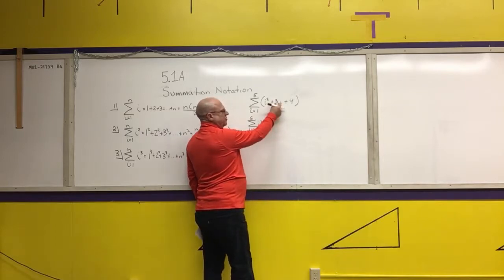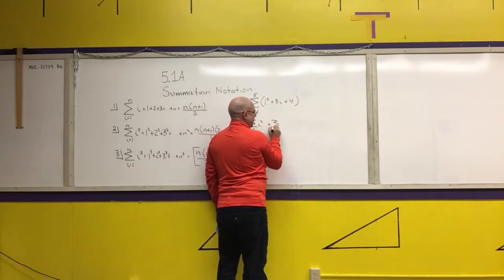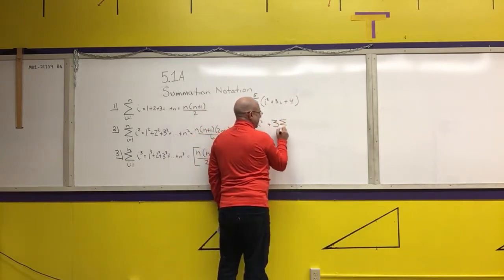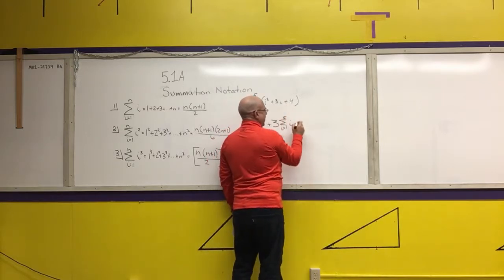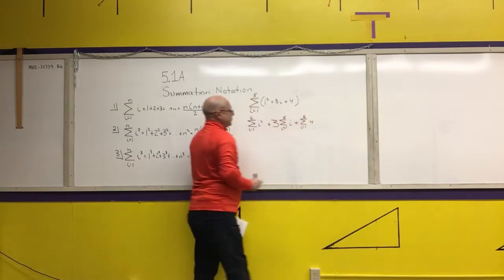Just like with derivatives, I can bring that constant in front of the summation sign. And that one right there is just the summation of i equals 1 to 5 of 4.